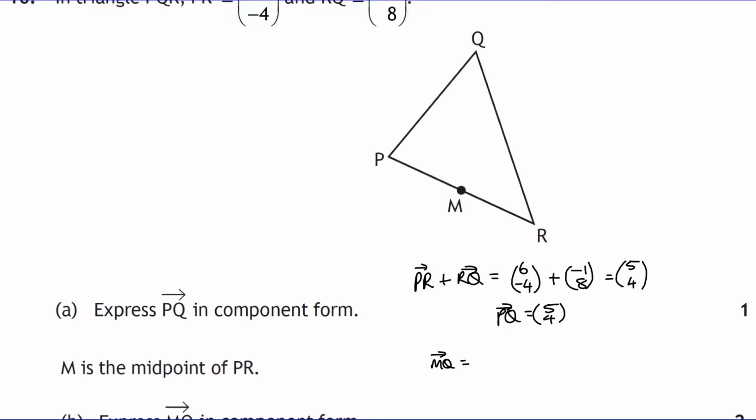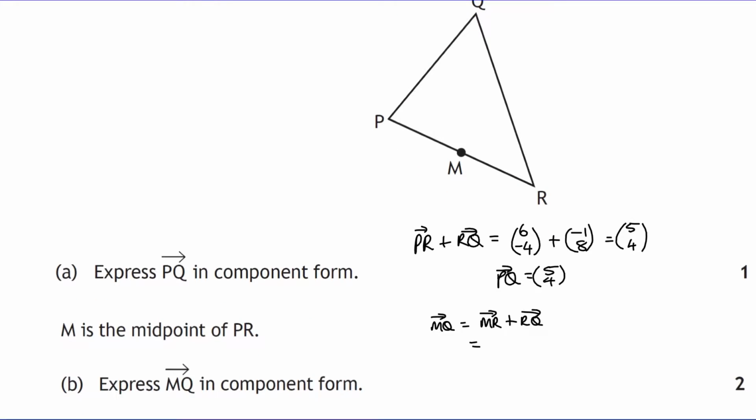So we start by saying, we want to go from M to R plus R to Q. But M to R is a half of PR because we don't know what MR is, but we do know what PR is. So it's a half of PR plus RQ, which we do know.